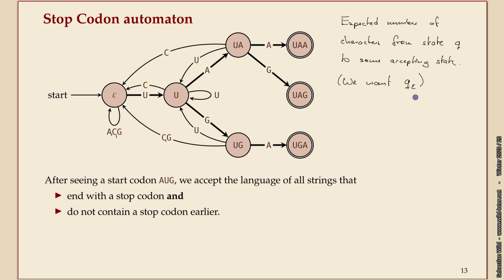Let's call this number T, and then this substring X. That's the expected number of characters from the state where we have this label X to some accepting state. I'm going to be a bit sloppy with the notation, but I could have listed all three. So we'll need the automaton to keep things in mind.